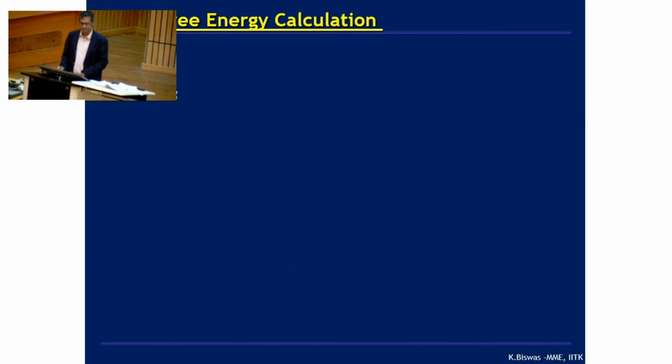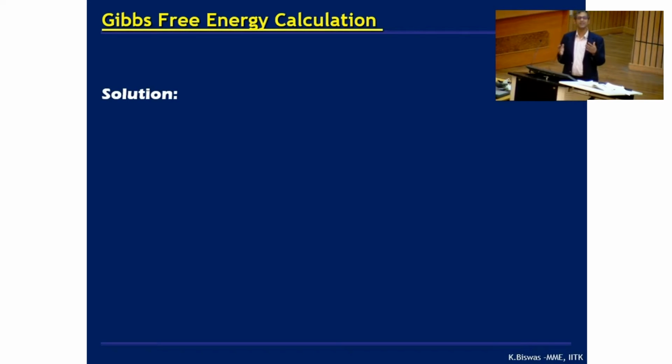Okay, you know Gibbs free energy calculations, right? What is Gibbs free energy? This is energy freely available to you to do the work. For any system, it is energy freely available to do the work. And we know that Gibbs gives this fundamental equation, G is equal to H minus TS, right?